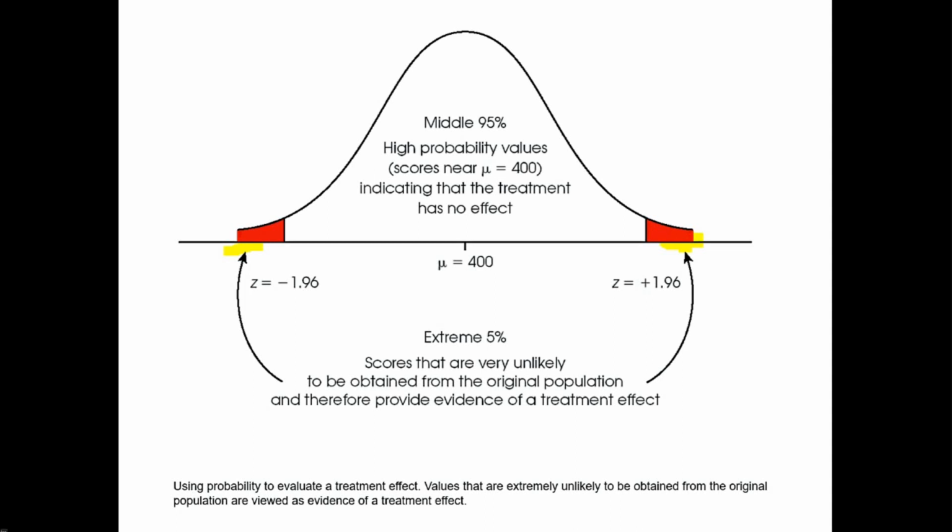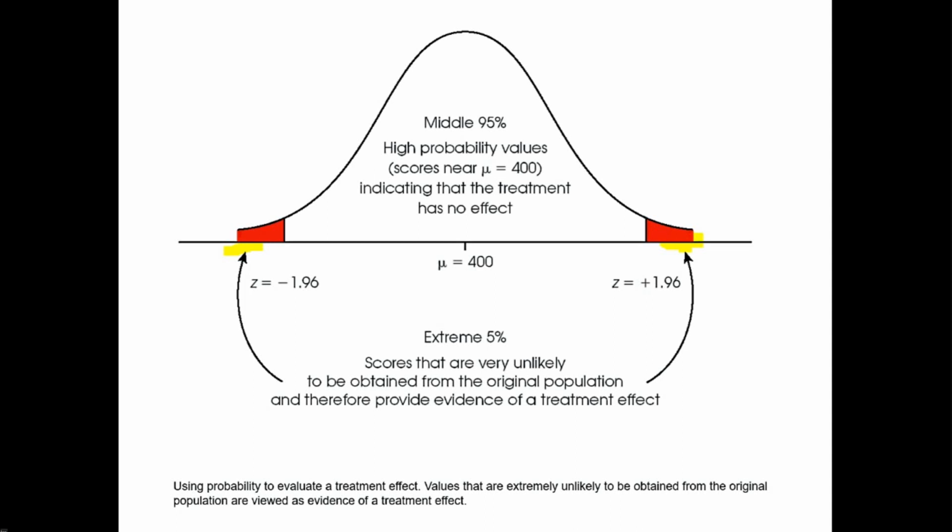So for example, that IQ score, if somebody has 140, could be somebody that's really, really smart, or it could be just a mistake maybe made in the reporting of the score or something. It doesn't seem very likely that that score could be 140.